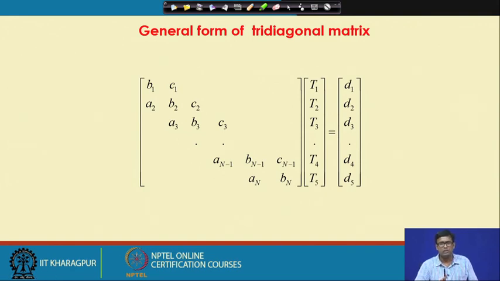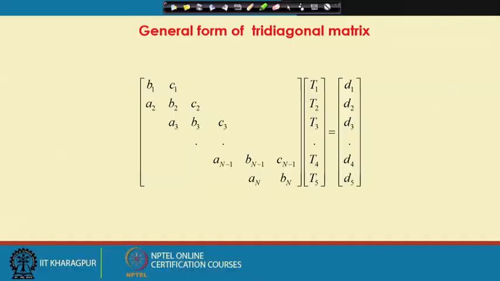Now, this is a very frequently arising matrix in a lot of scientific computing problems, and we have to see how we can solve this. Interestingly, it does not only come from the approximation of a differential equation by a difference equation. When we do Krylov space methods, we will see that some of the functional spaces will also transform to a tridiagonal system.